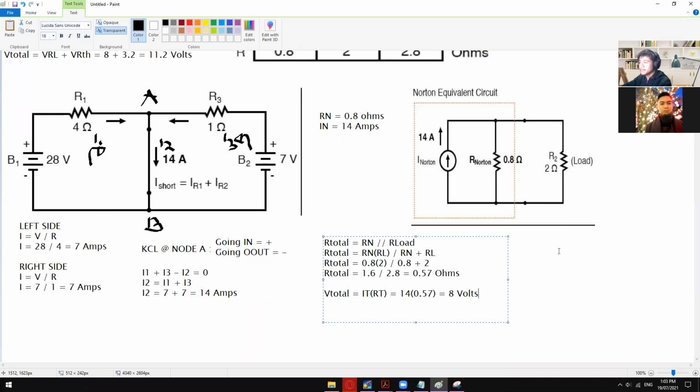Then since they are in parallel, so the voltage across R Norton is of course 8 volts also. So ilagay ko na lang dito para mas madaling basahin. And the same, our voltage across RL is also 8 volts.